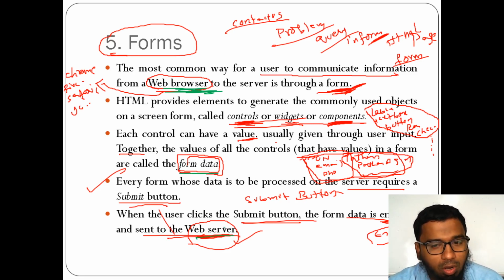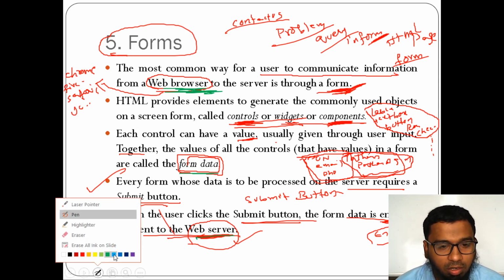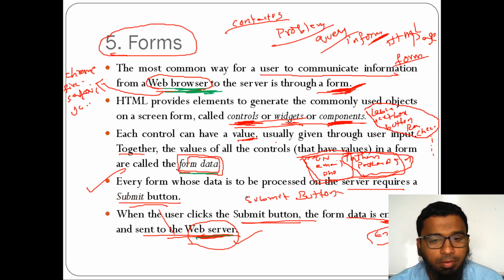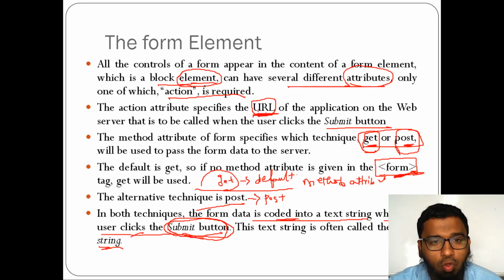If you want details of this, then you need to see the previous class. We saw what is control, what is widget, and what is component. In the form, we saw the element and attribute, and we saw the difference between get and post, and what is a URL.